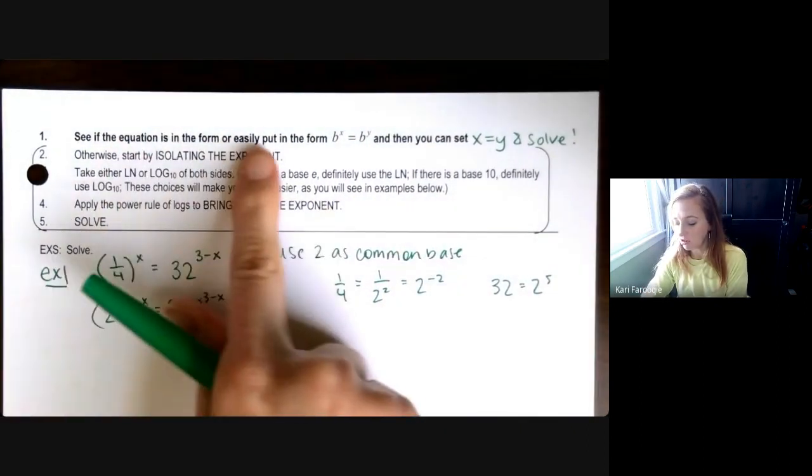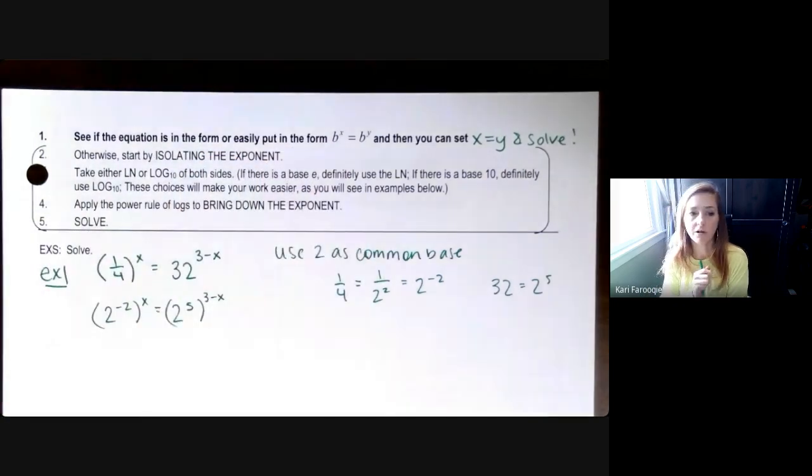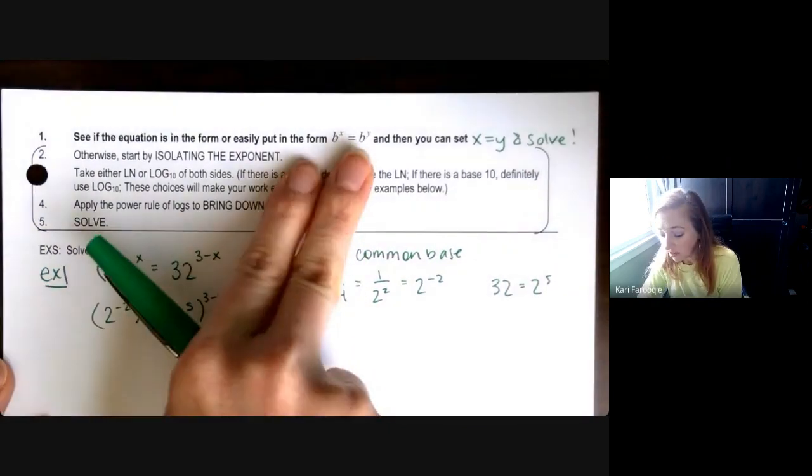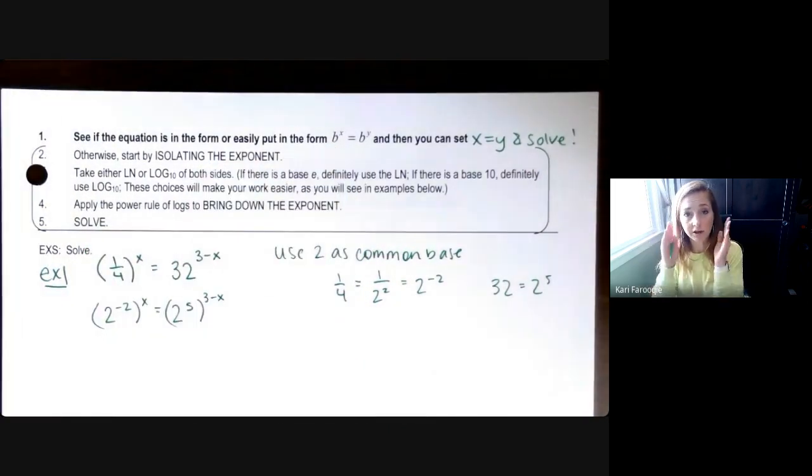See if the equation is in the form, or easily put in the form, b to the x equals b to the y. Then you can set the exponents equal to each other and solve. If the bases are the same, then the two sides are the same if the exponents are also the same. So set x equal to y and solve for the variable.